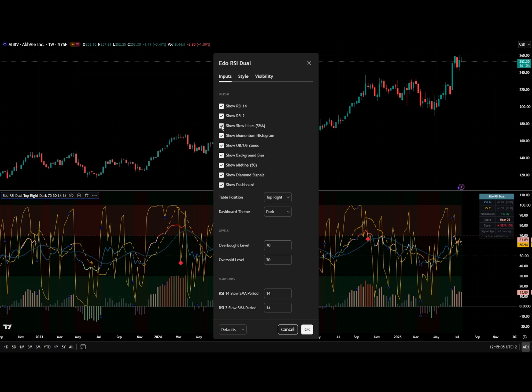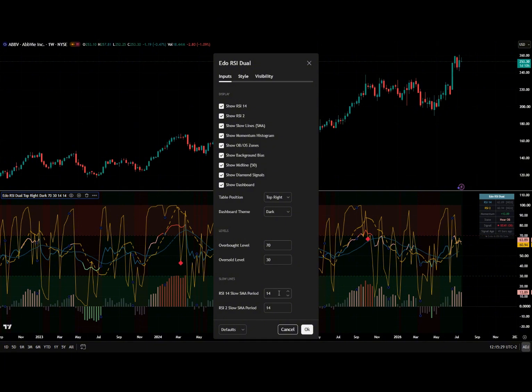So you can strip it down to just the 14 and its average if you want a quiet chart. The dashboard has its own corner and a dark or light theme, to match the chart you work on. The overbought and oversold levels are yours as well, 70 and 30 by default, though 60 and 40 is a fair choice on calmer instruments.